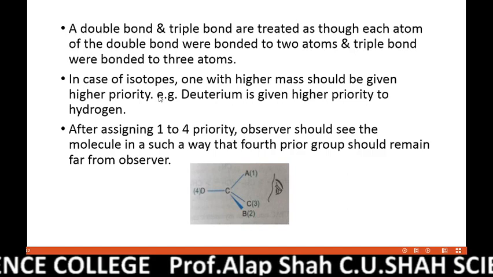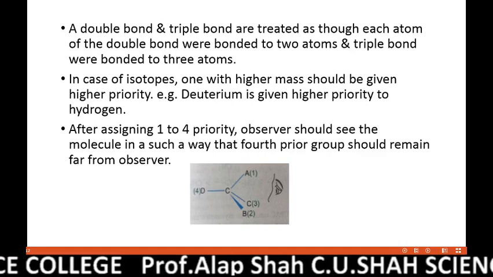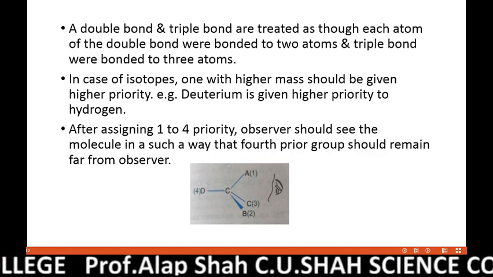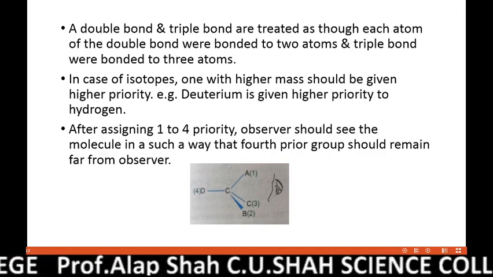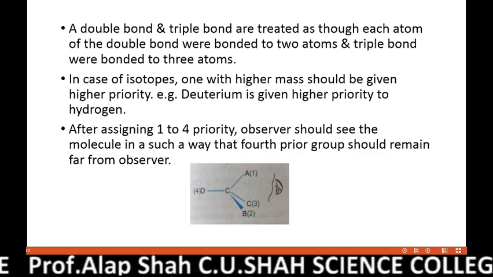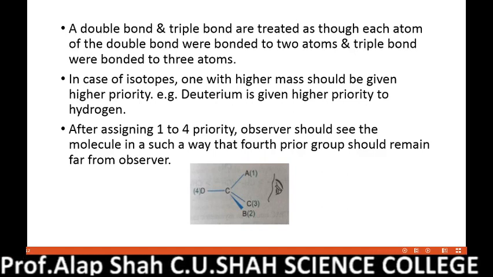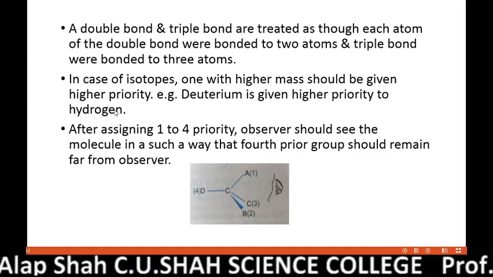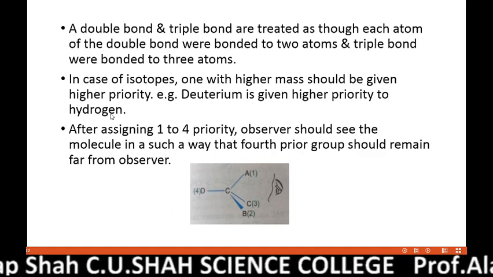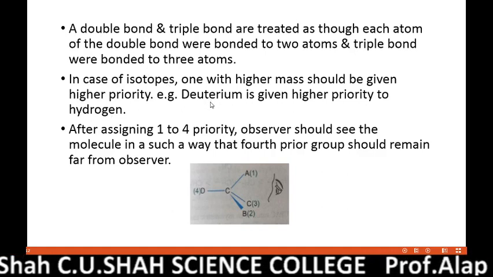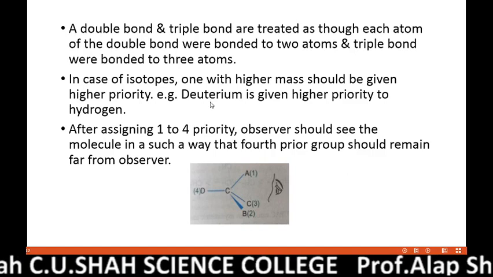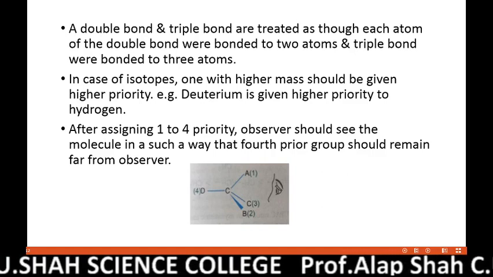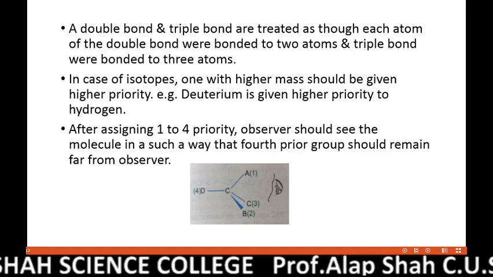Isotopes have the same atomic number and our criterion is atomic number. In such a case, we give higher priority to the isotope having higher mass. For example, deuterium and hydrogen: the mass of hydrogen is 1 and the mass of deuterium is 2. So deuterium is given higher priority compared to hydrogen. You should remember that.